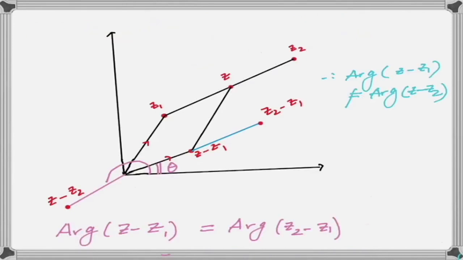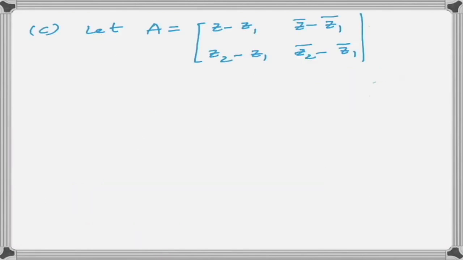Since we know that the complex numbers z minus z1 and z2 minus z1 have the same principal argument, we can write z minus z1 equals lambda times (z2 minus z1) for some real number lambda.